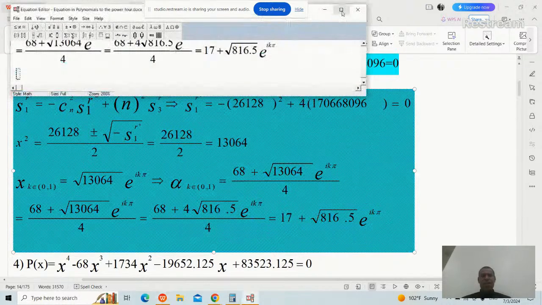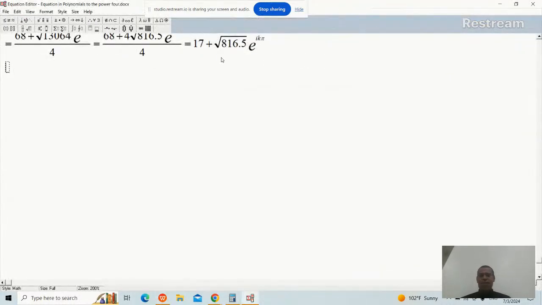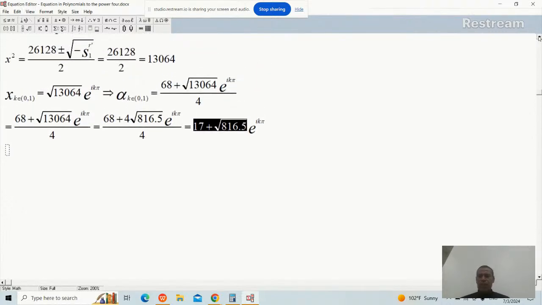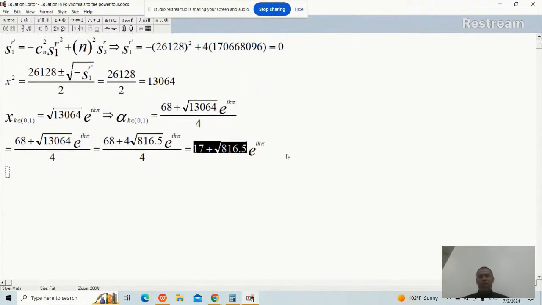The roots are, when k equals 0, a double root, and the next we have a double root here.